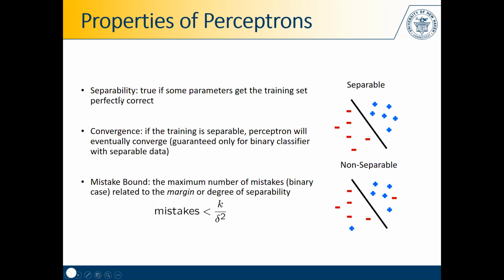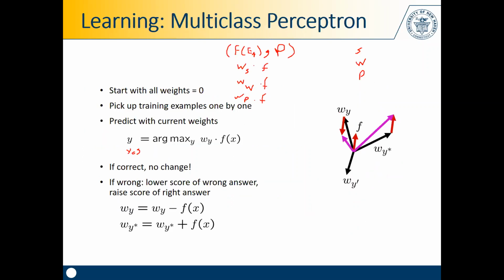Now, why did we define separability? Because it allows us to study the problem of convergence. Does the training algorithm, that iterative algorithm that we talked about, necessarily converge?